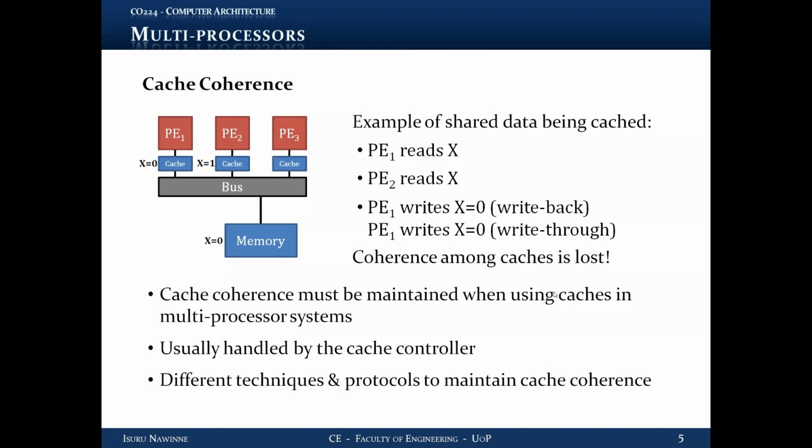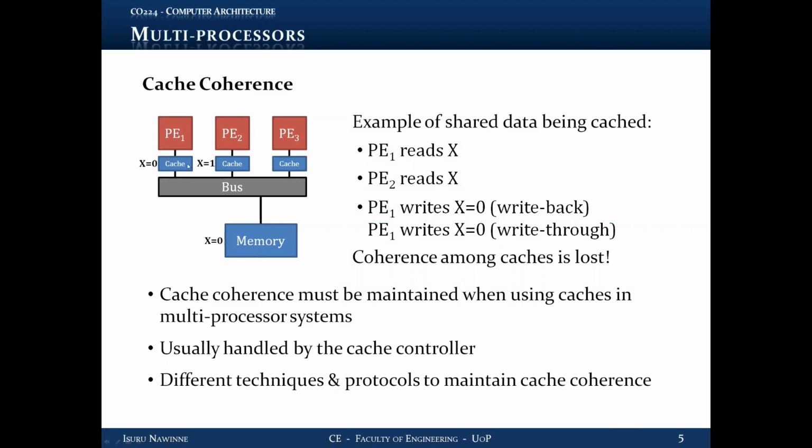So in order for us to run parallel, communicating programs on a multiprocessor system, cache coherence must be maintained. Otherwise, the programs will not execute in the way we expect them to be executed, right? So we will get incorrect results.